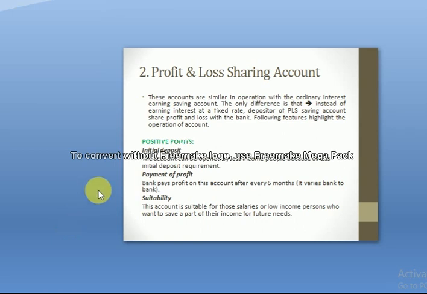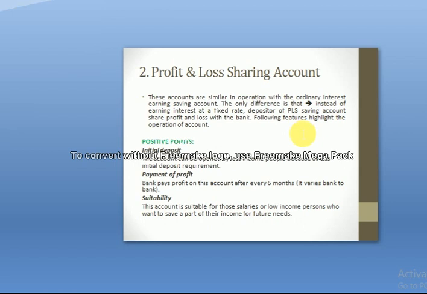So these accounts are similar in operations to the ordinary interest-earning saving accounts. This is just like the saving account. The only difference is that instead of earning interest at a fixed rate, depositors of the profit and loss saving account share the profit and loss with the bank.